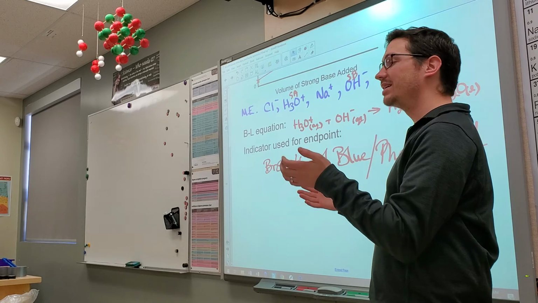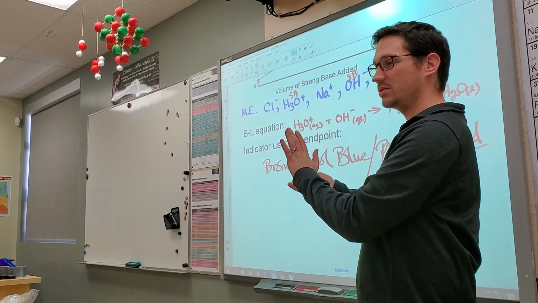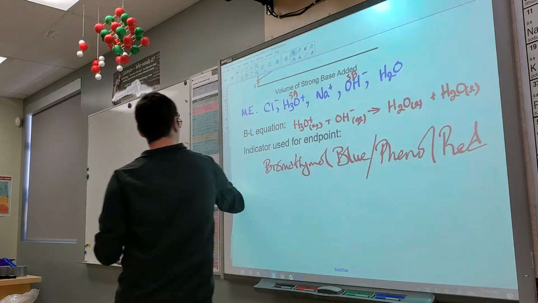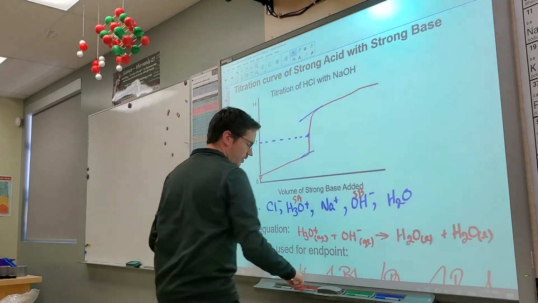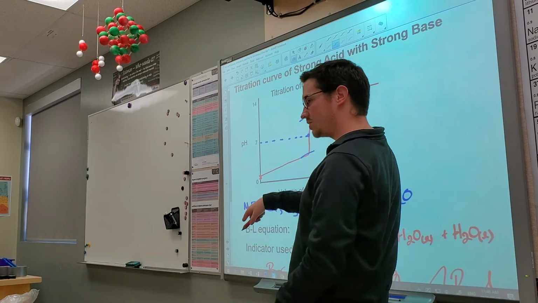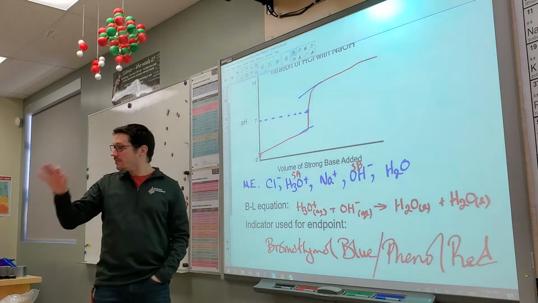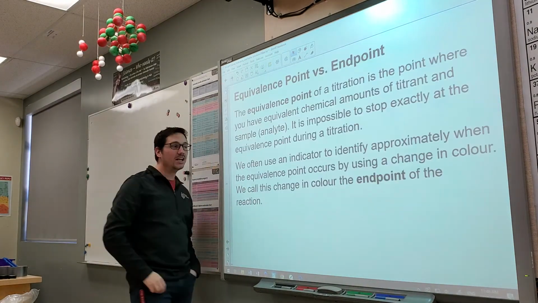We call that the endpoint because hopefully the color will change. Equivalence, this is the equivalence point. This is a theoretical point where we've got equal amounts of titrant and analyte, okay? What you see physically in the lab is the endpoint.